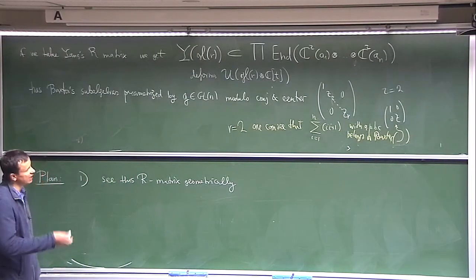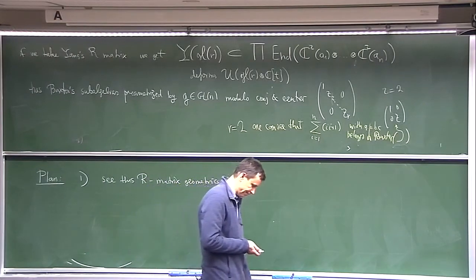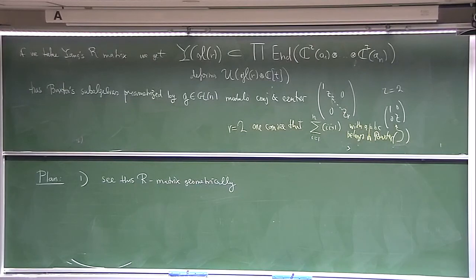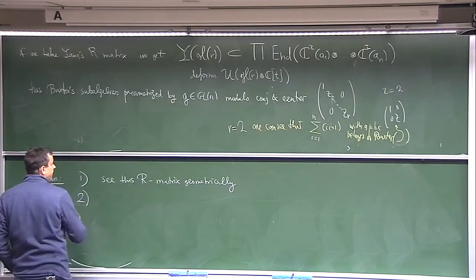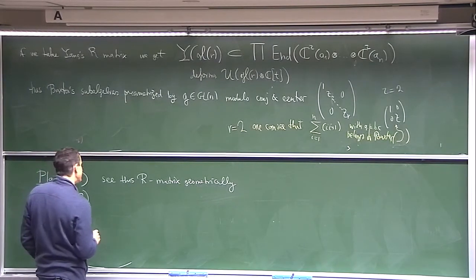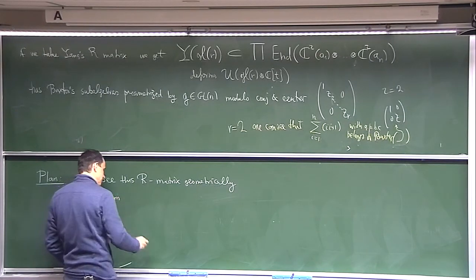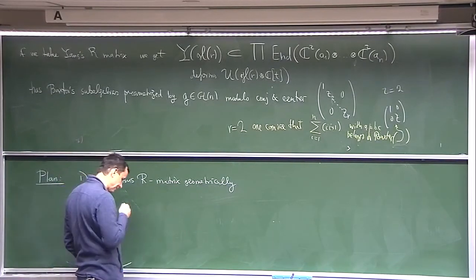Because if you can see the R matrix geometrically, then you can see the action of the Yangian. And the second thing is that, maybe, geometrically.